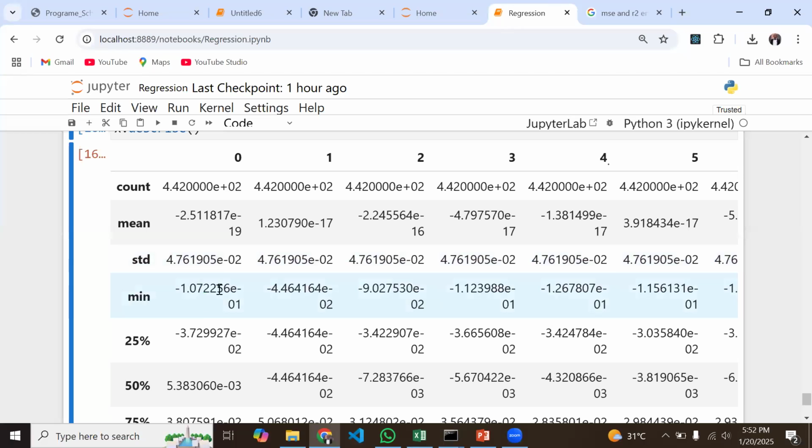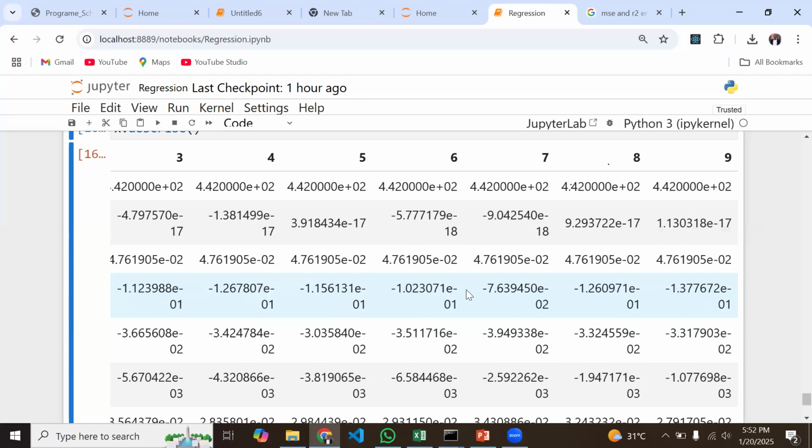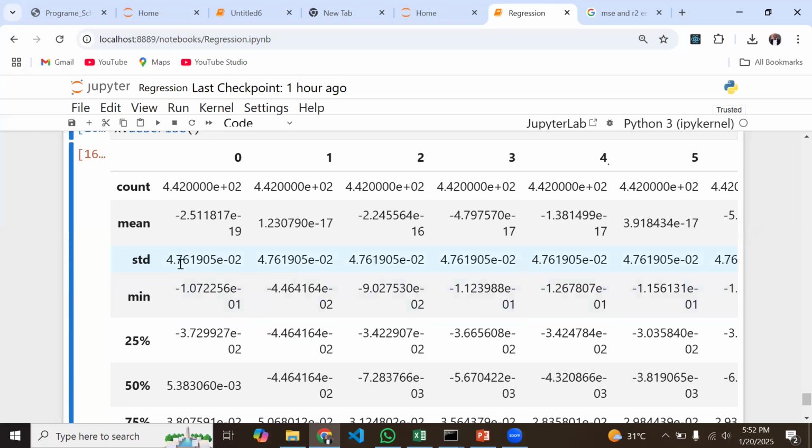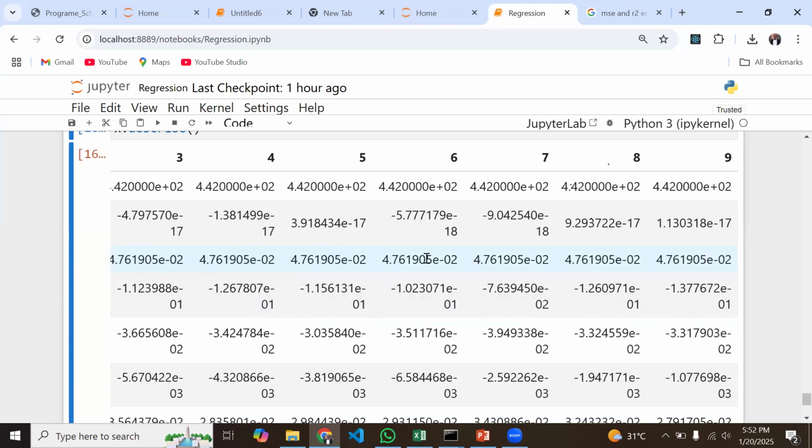But when it comes to the minimum value, as we see over here, the various columns have different minimum values and different maximum values. What is probably accounting for the same standard deviation across the board is perhaps that the scaling was done with the same factor.